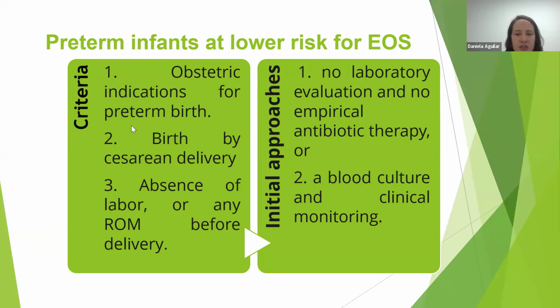Acceptable initial approaches to these infants may include no laboratory evaluation and no empirical antibiotic therapy, or a blood culture and clinical monitoring. For infants who don't improve after initial stabilization, and/or those who have severe systemic instability, the administration of empirical antibiotics may be reasonable, but is not mandatory.